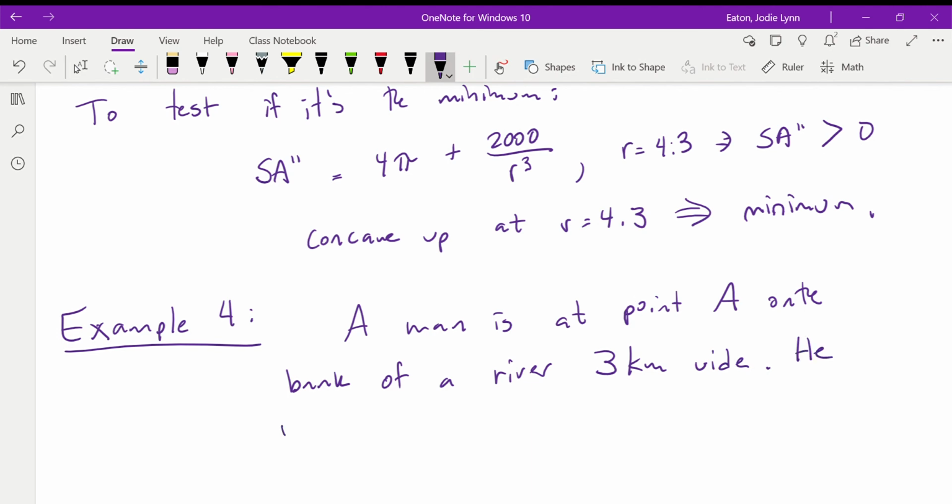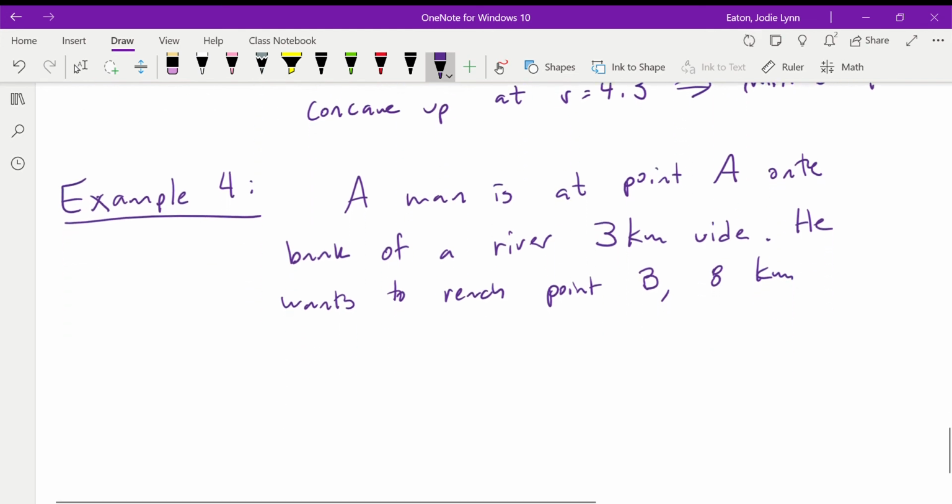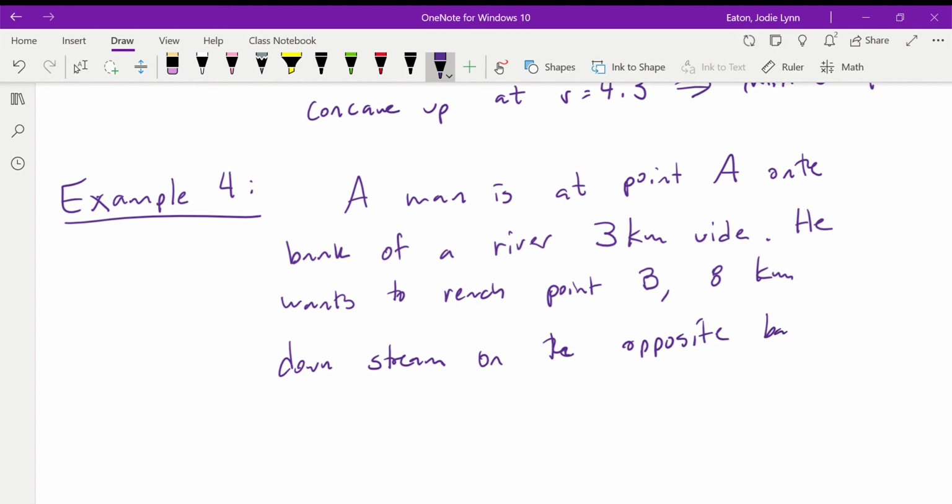He wants to reach point B, which is 8 kilometers downstream on the opposite bank as quickly as possible.